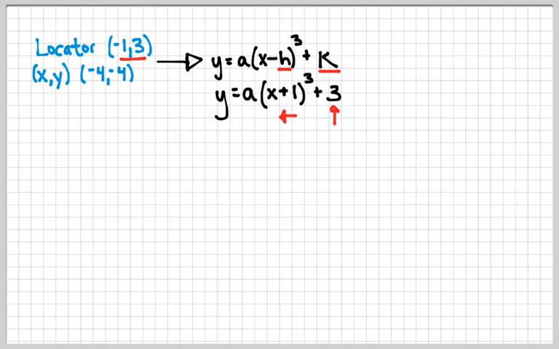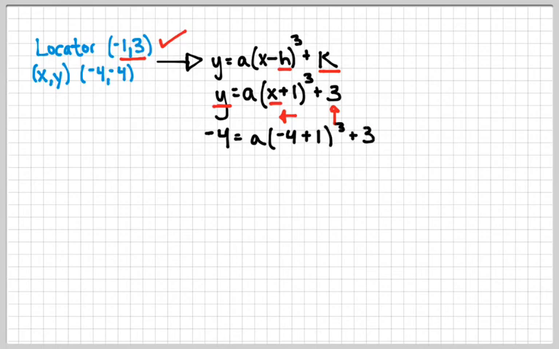So now that we have used our locator point, we need to figure out how to use our x, y, which is a point on the graph. And for that, we will just plug into x and plug into y. So now we can go ahead and write this again. 4 equals a(-4 plus 1) cubed plus 3.